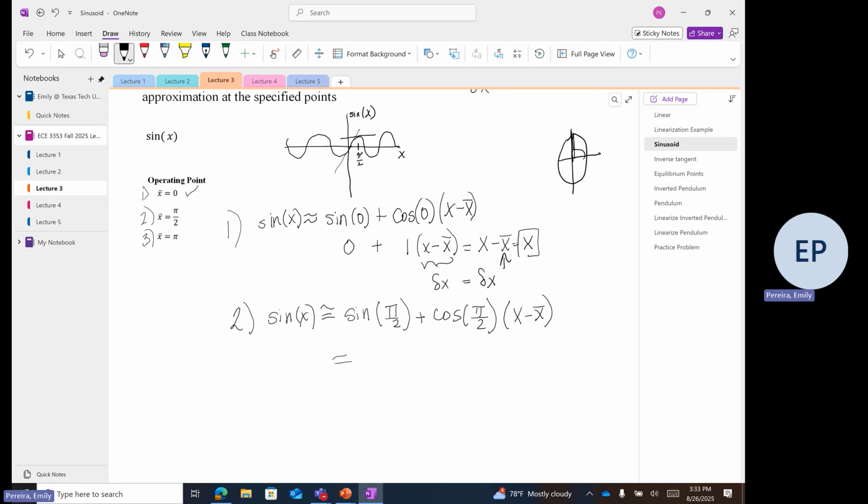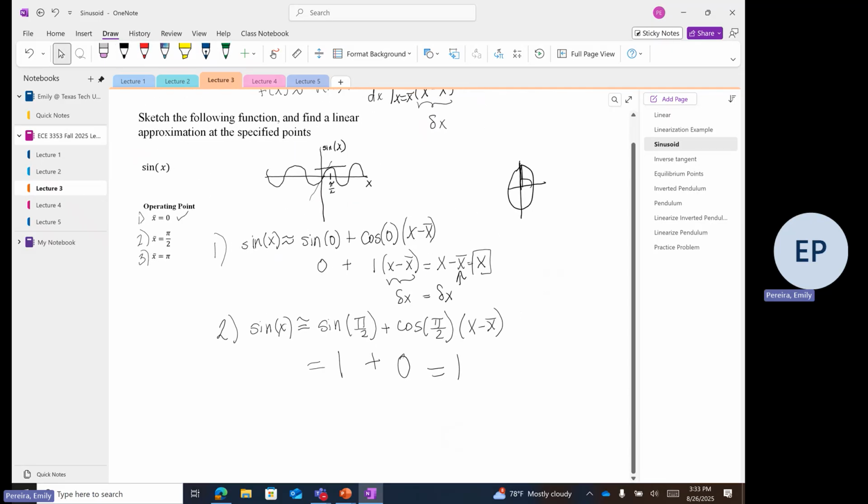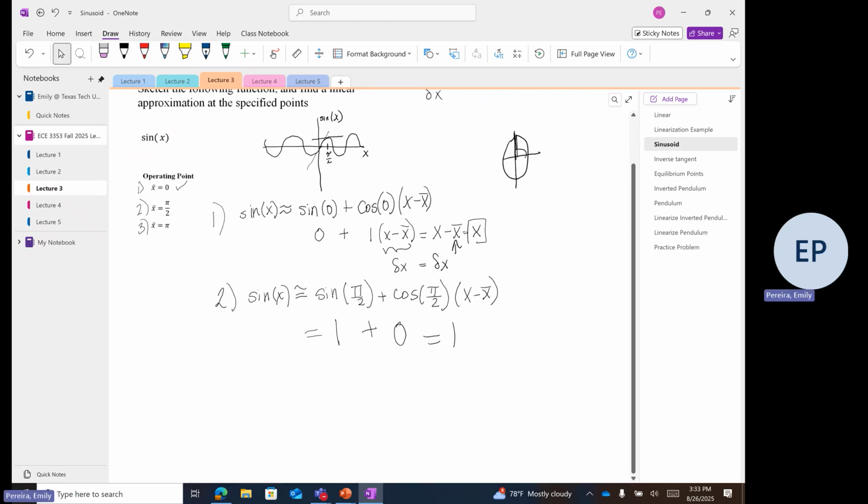This is your sine at pi over 2, that's 1, plus cosine at pi over 2, which is 0. So your function is actually a constant, which makes sense based on our drawing here. It's equal to 1.